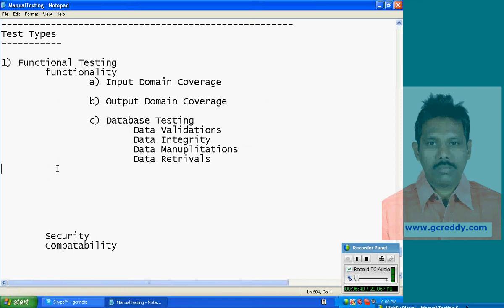Report means retrieving specific data. See, generally end users are non-technical. That's why developers use reports. By clicking on that report, and some reports are customizable.